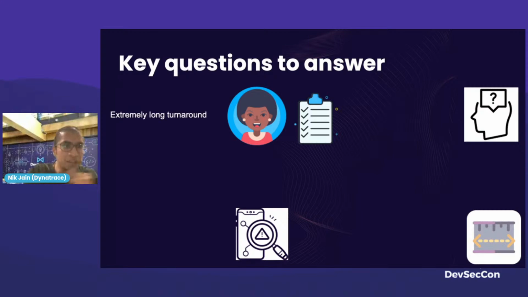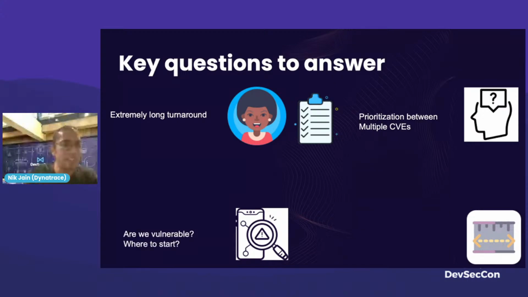Now, the first question to answer is, how do you turn that extremely long turnaround time into snappy minutes or seconds and automate those steps? The second key challenge is, if you land up with multiple CVEs in that CI/CD process, how do you prioritize between multiple CVEs?